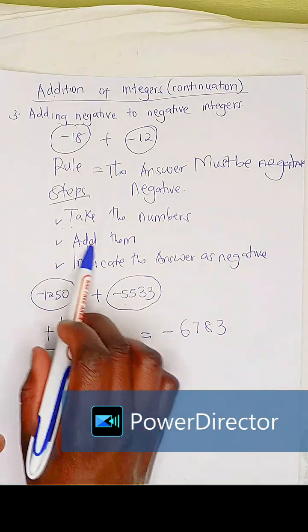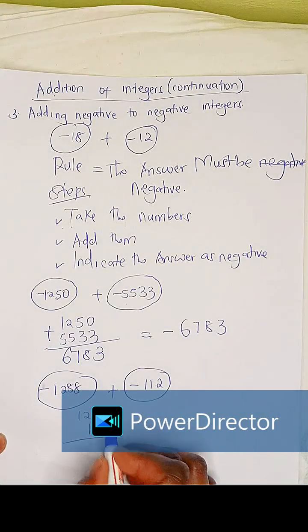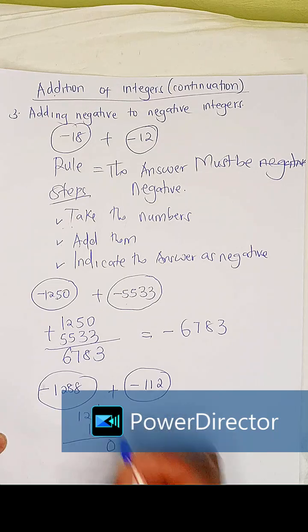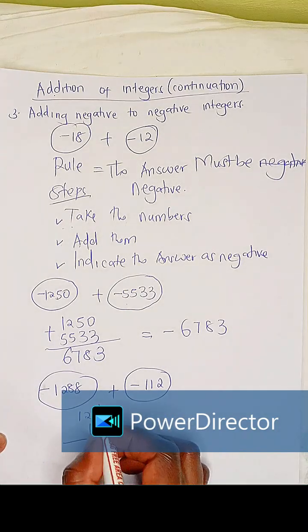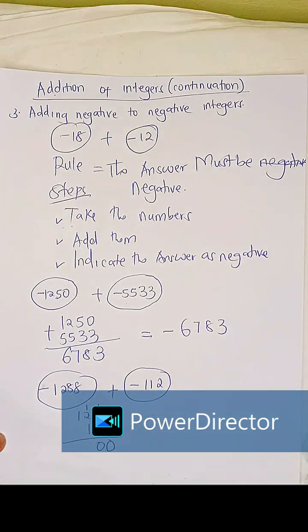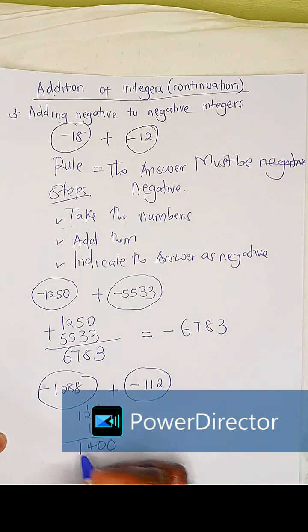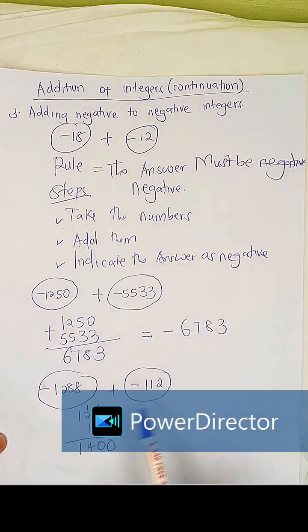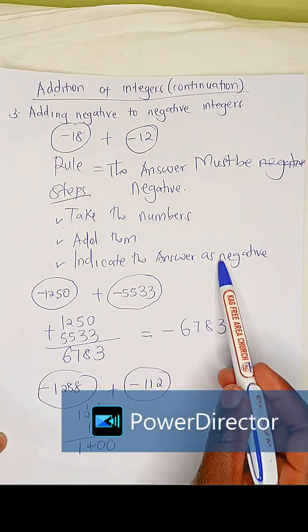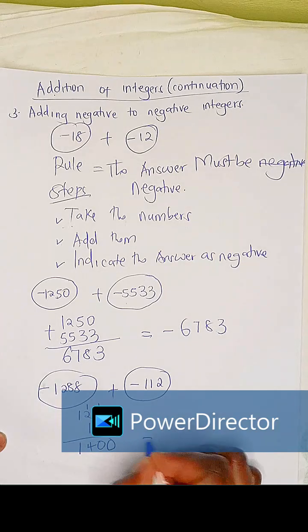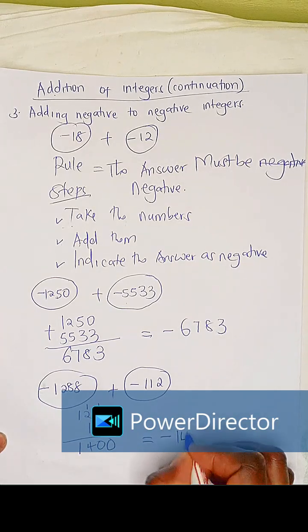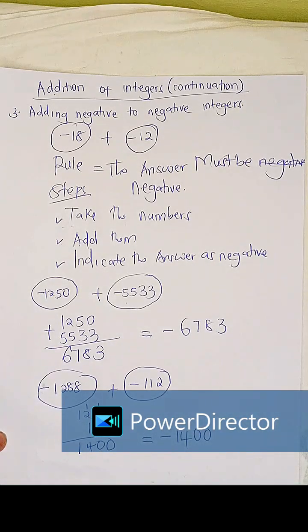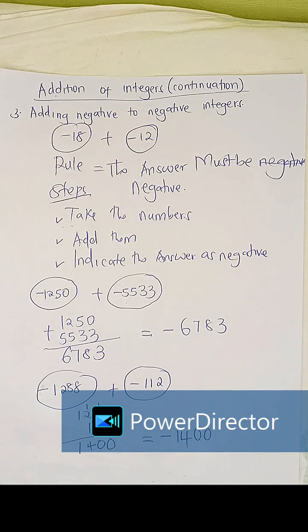Number two step, we add them. This is 10, 0 carry 1. This is 10, 0 carry 1. And this is 4. And this is 1. And the last step, you indicate the answer as negative. So the answer is going to be negative 1400. That is how easy it is.